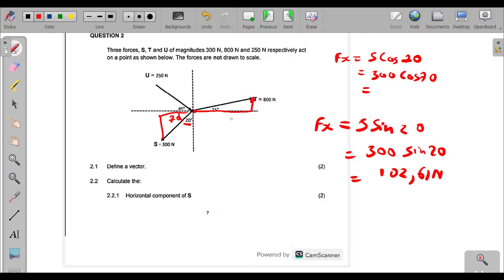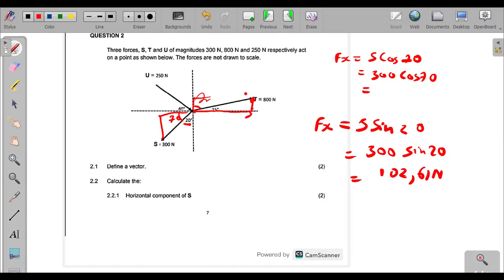Sometimes we can say moving first in the vertical and then moving in the horizontal. It means we have to find this angle here, which in the same way that we found the 70-degree angle, we can just say 90 minus 15, the 15-degree angle that we are having. So I will not use this way. I will use this way here.